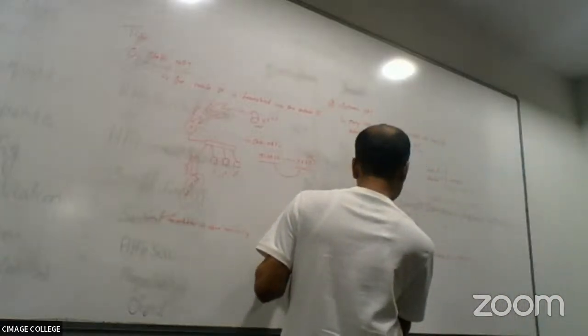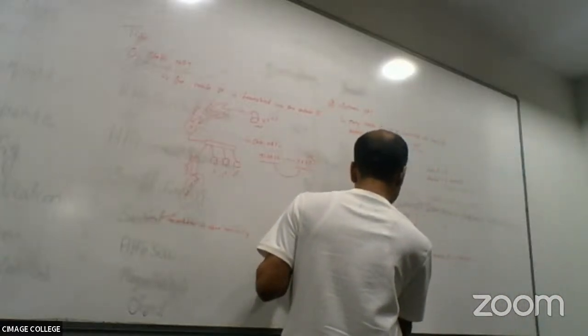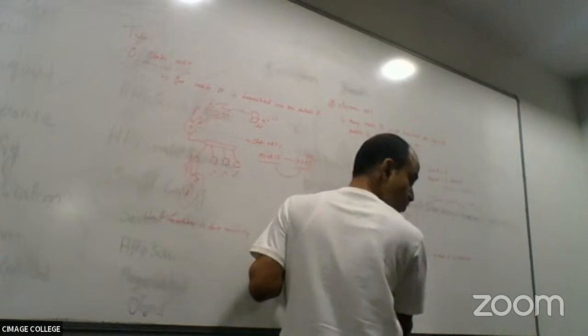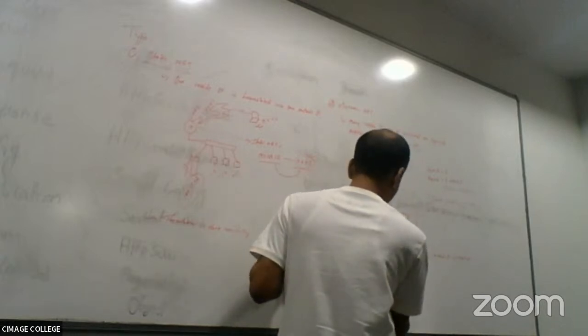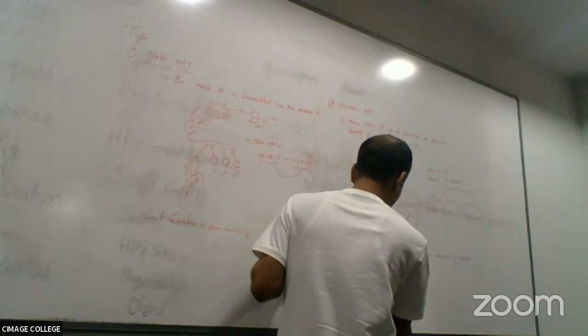To identify every local node properly, there is a concept of port number. What is the concept? Suppose we have IP addresses 192.168.1.2, 1.3, 1.4, 1.5, 1.6.